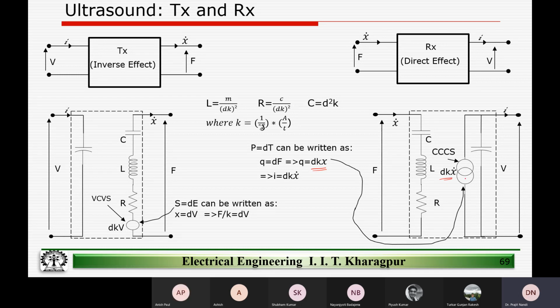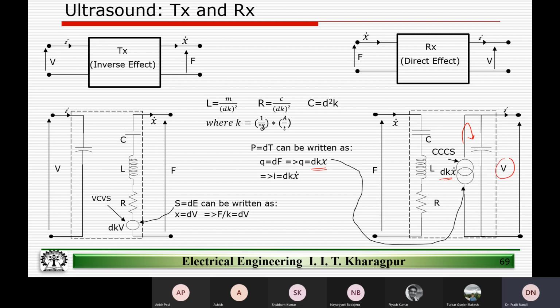So this is the equivalent current source that is going to dump charge onto this capacitor, right? And this capacitor is going to create a voltage which we are going to read out into our electronic system.